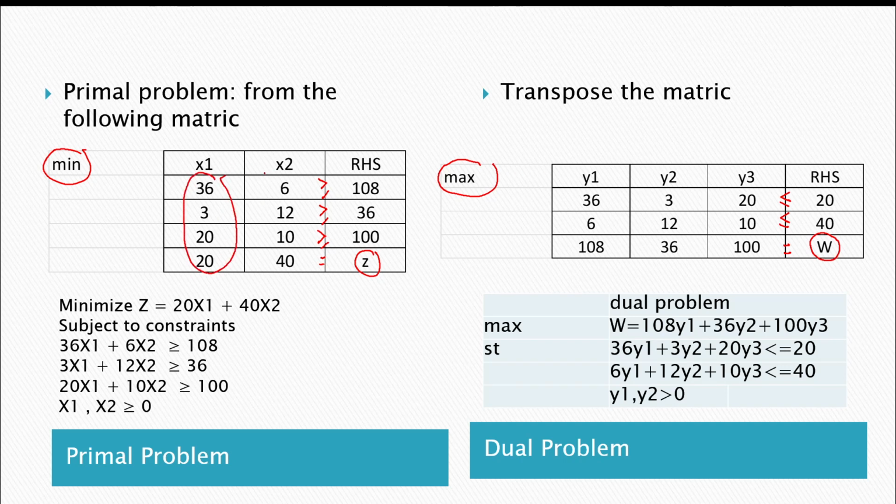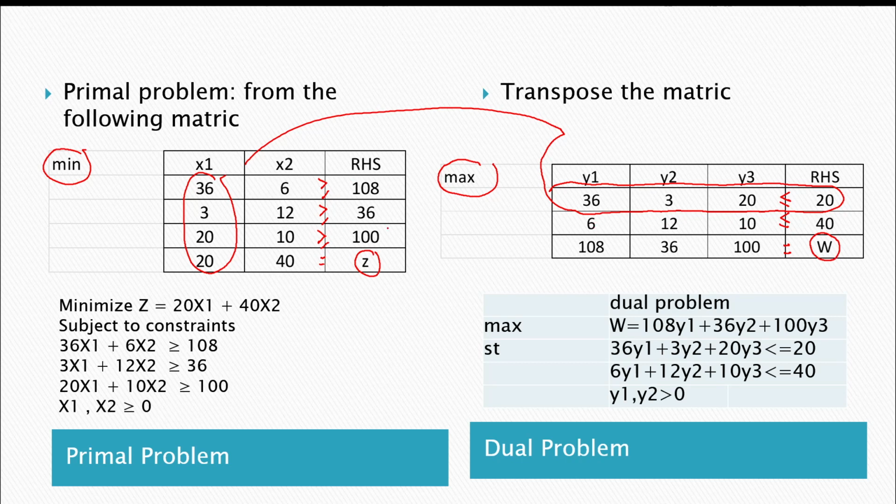The second column, 6, 12, 10, 40, becomes the second row.